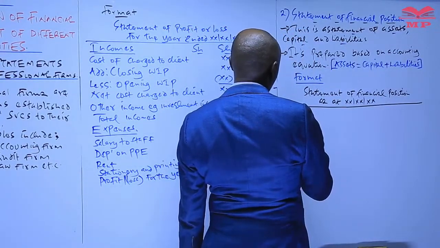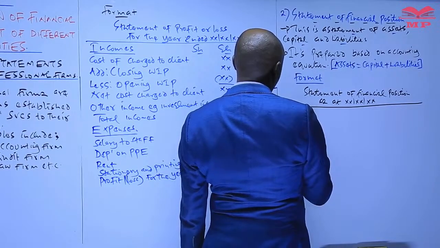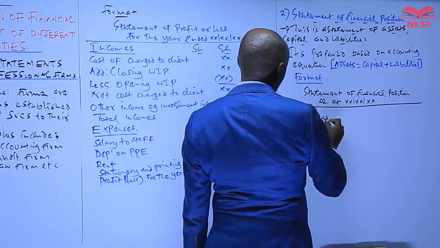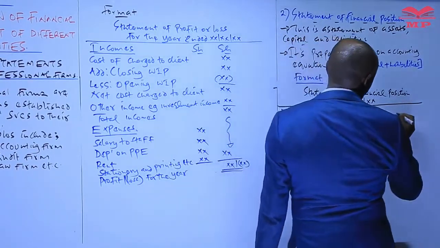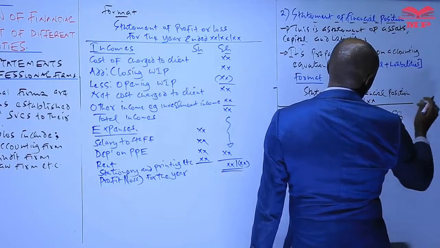Always we start by recording assets, and assets we classify into two, non-current and current. So here we start by recording non-current assets. And in this case, we just need to have a single column.